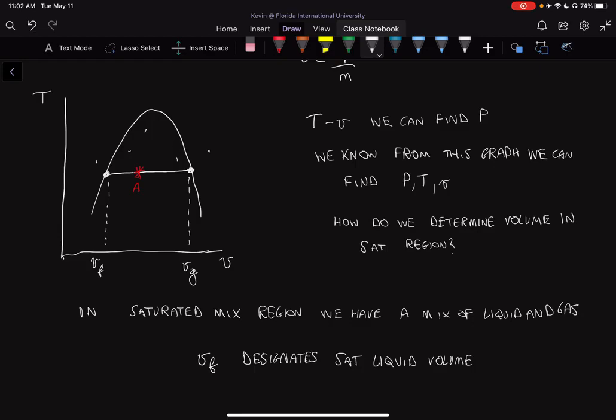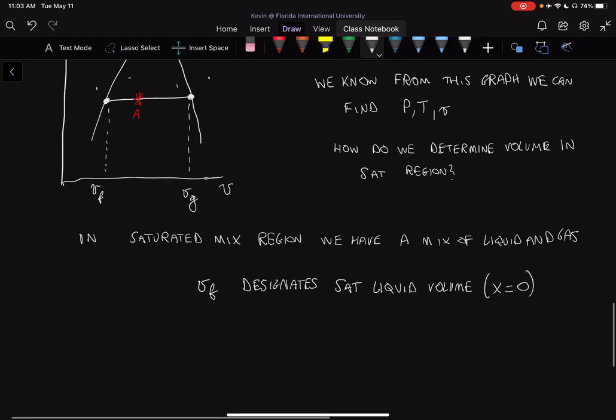So it's the volume where we have a saturated liquid. Remember, saturated liquid is when our saturated mix is 100% liquid and we're right at the point where it starts boiling. And remember, x is equal to 0 here. Okay, our x is equal to 0.